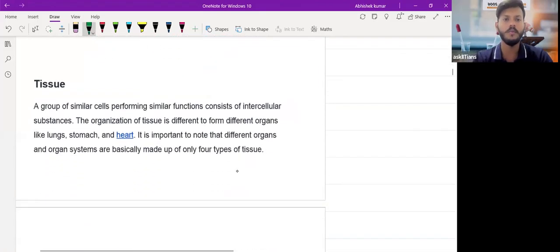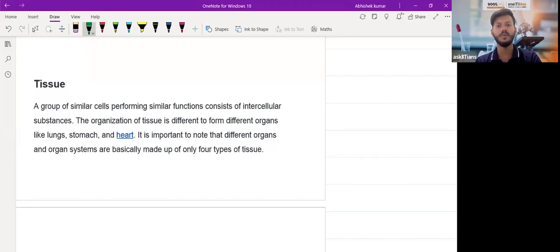A tissue is a group of similar cells performing a similar function, and consists of intercellular substance. The organization of tissues is different to form different organs like lungs, stomach, and heart.